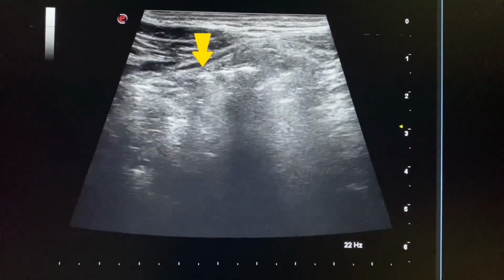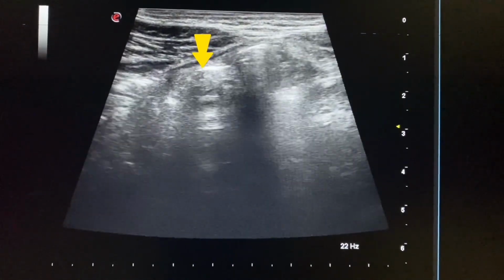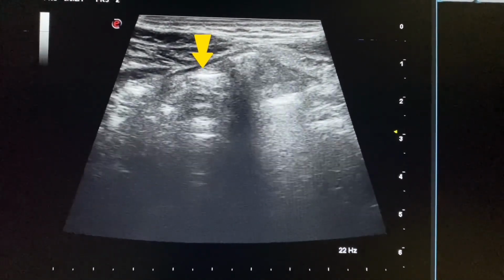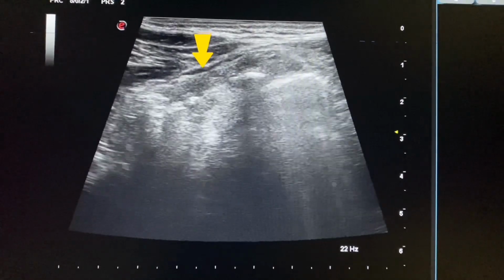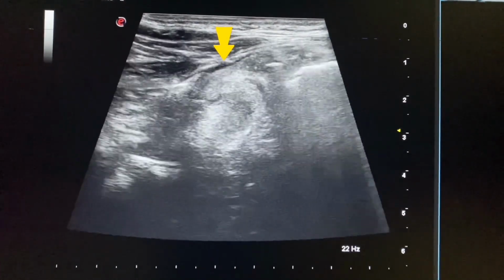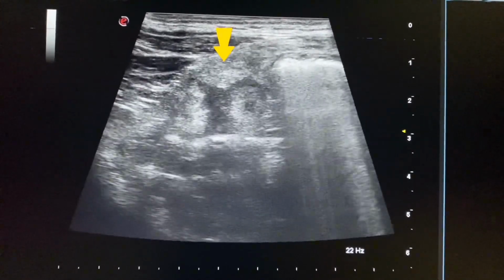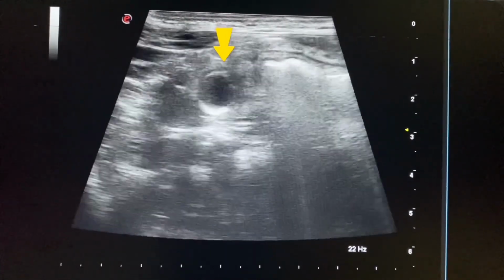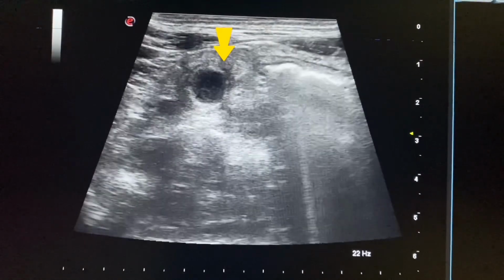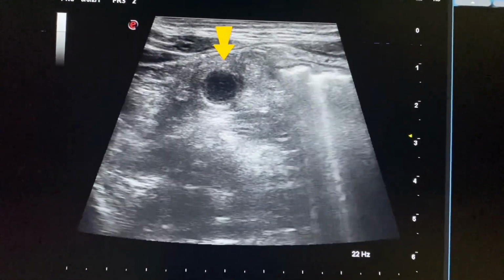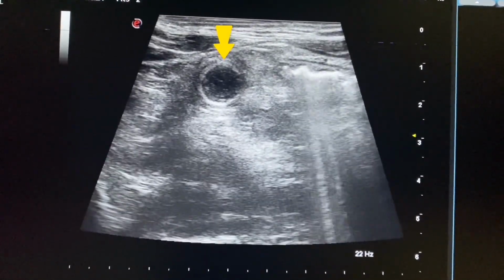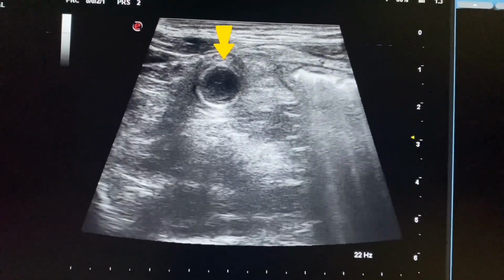Now we are fixing the probe at this point and will tilt up and down and side to side to locate the appendix. Here we see a hypoechoic cystic-like structure.